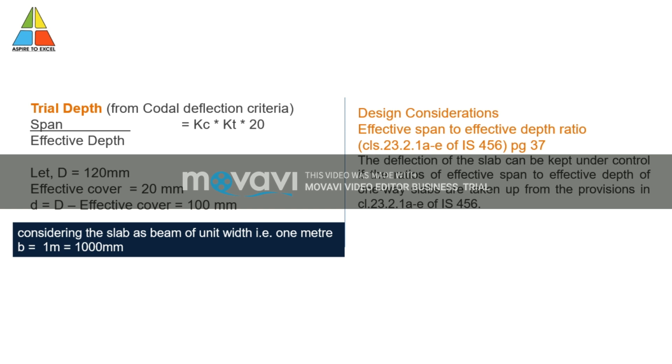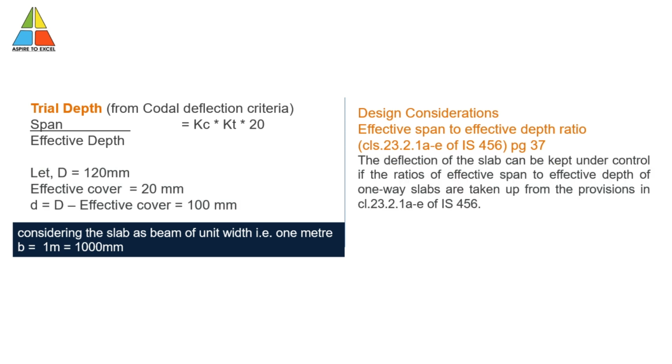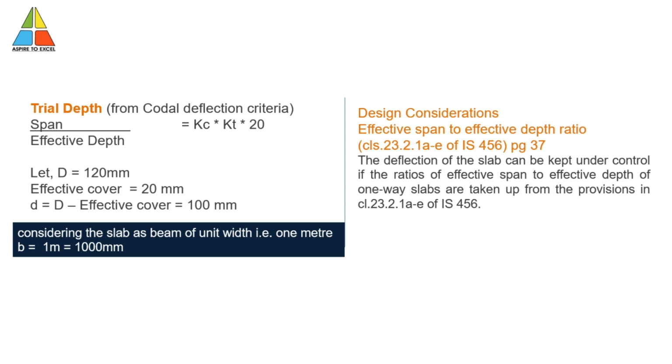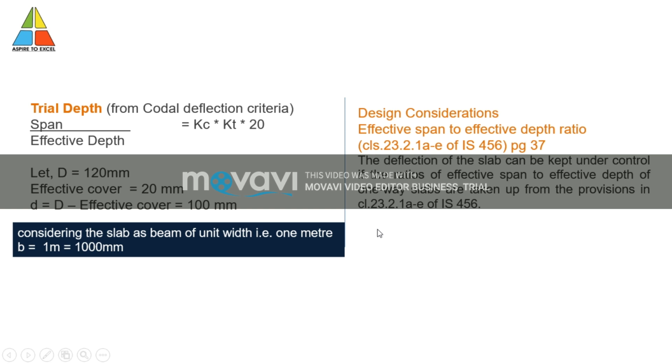There are two factors that we will calculate at the end of this lecture, but for now let us assume that the overall depth is 120, effective cover is 20, which is sufficient for a mild exposure condition for a slab. 20 mm is fair enough. So the effective depth d would be overall depth minus effective cover, equal to 100 millimeter. In a one-way slab, or in any slab, we design by considering it as a beam of unit width, that is 1 meter.